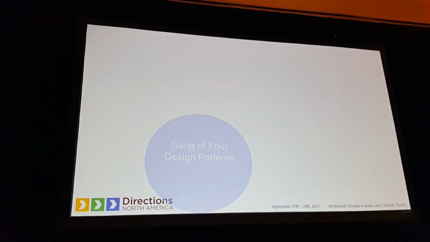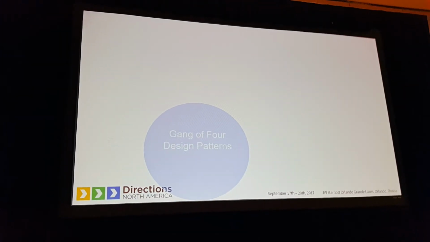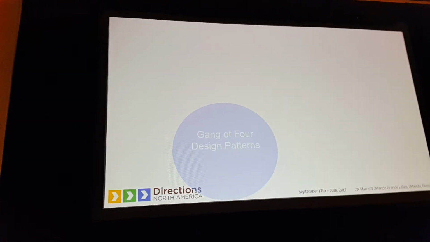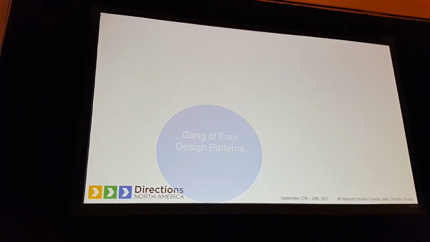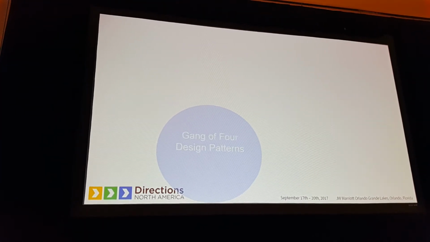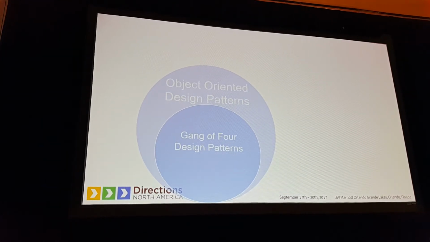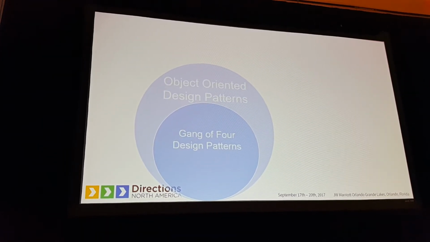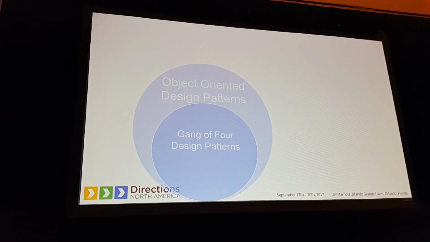So the Gang of Four started with their patterns. I think there were like 23 design patterns, very low-level stuff, C++ design patterns. And inspired by that, other people started to create more design patterns, object-oriented design patterns.